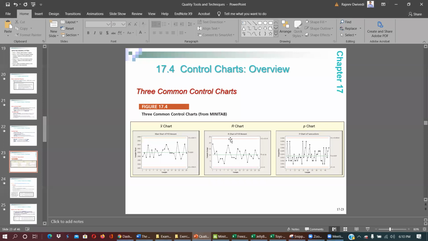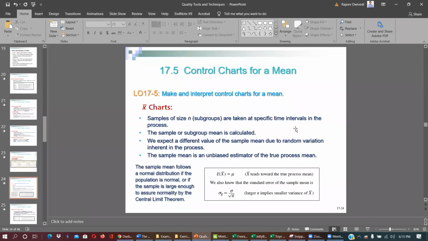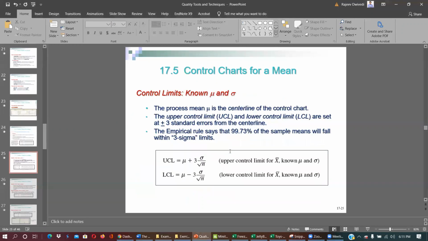Now let me go with some theoretical aspect. Three common control charts, P charts. Sample size. So basically this is the upper control limit and lower control limit. The lines that you are able to see are mu plus 3 sigma by square root of n, and mu minus 3 sigma by square root of n.